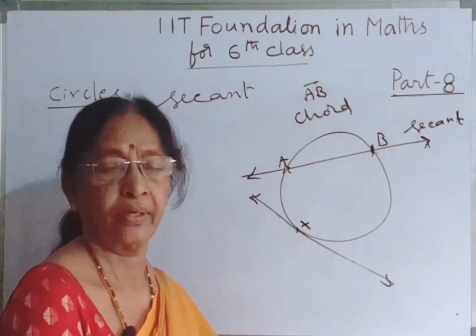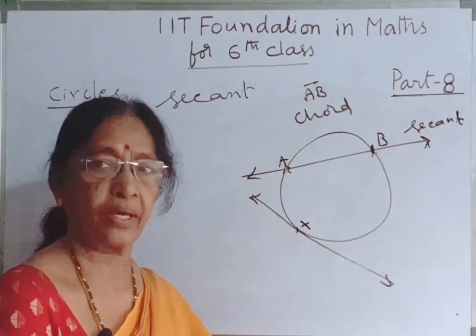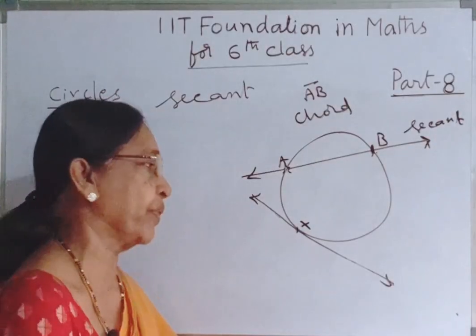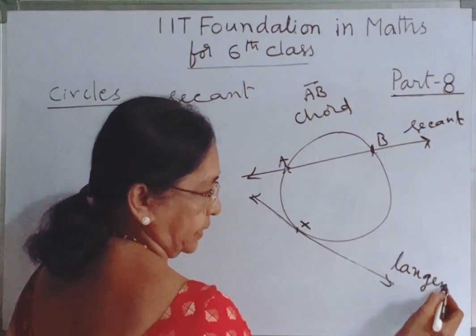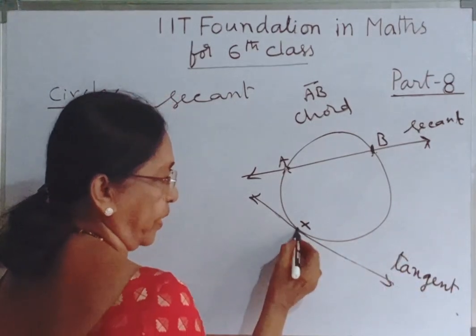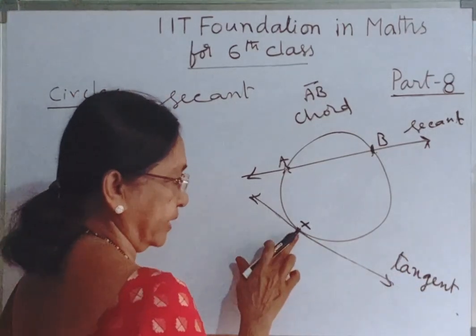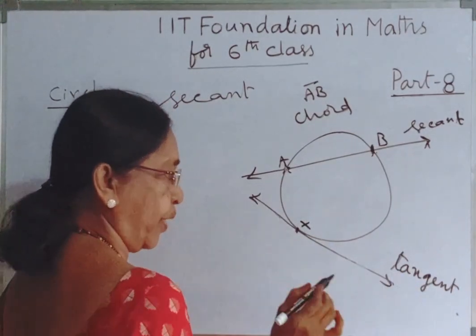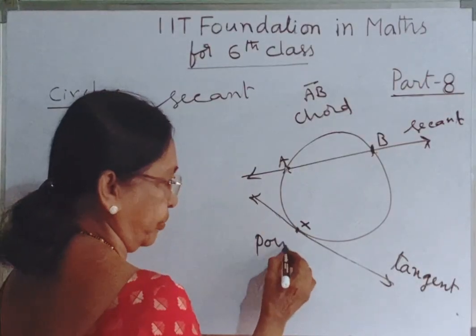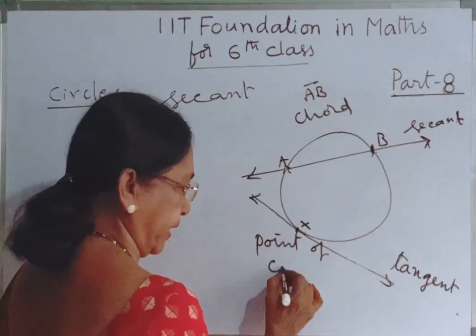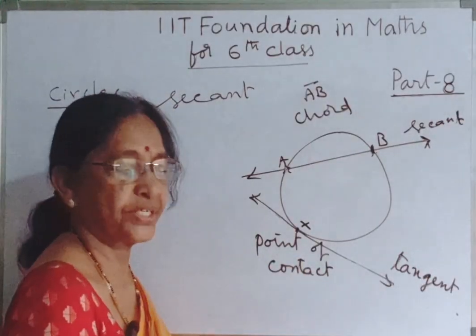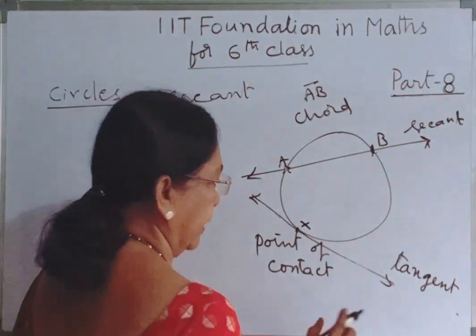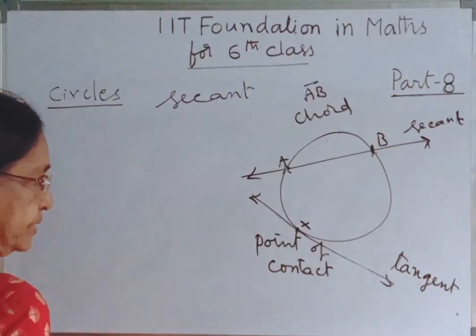So when a line intersects or touches the circle at one point, then that line is called a tangent. And this point at which the line meets the circle is called the point of contact, or tangential point.